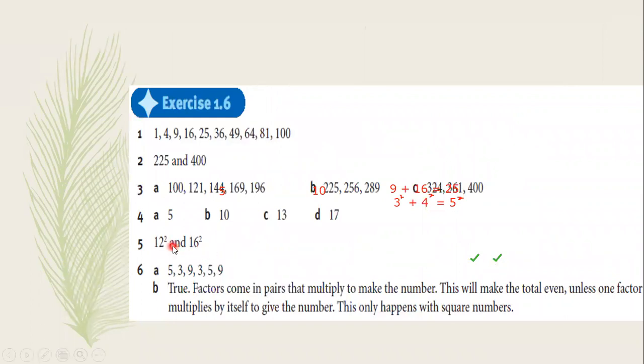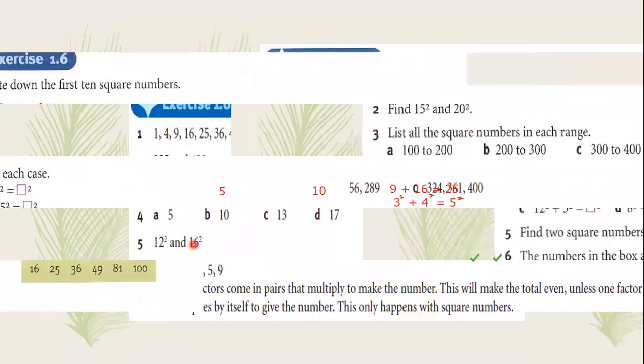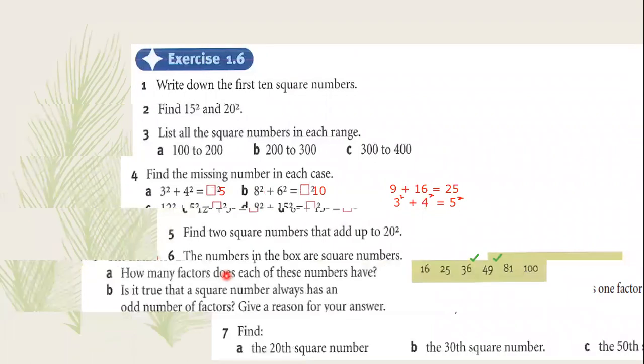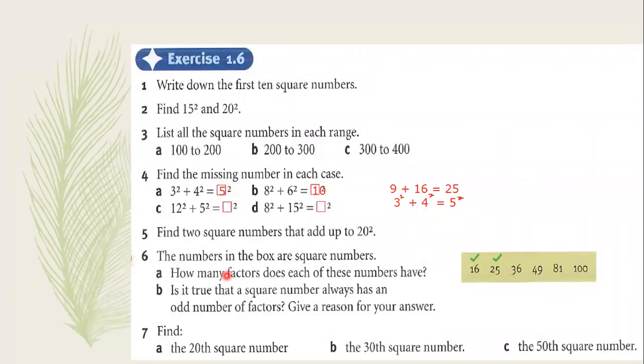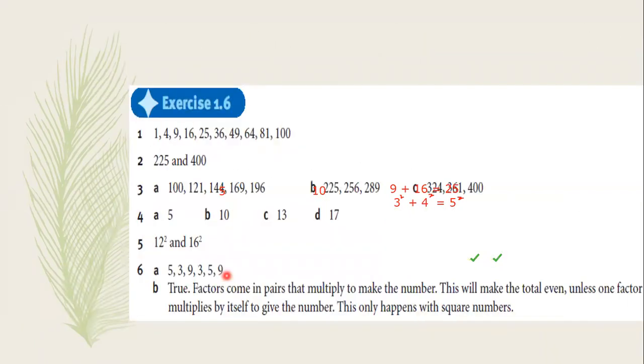Sorry, this is question number 6. 5 is the square root of 25. 3 is the square root of 9. 9 is the square root of 81. So we just write all the factors, give them a sequence, and all are odd numbers.